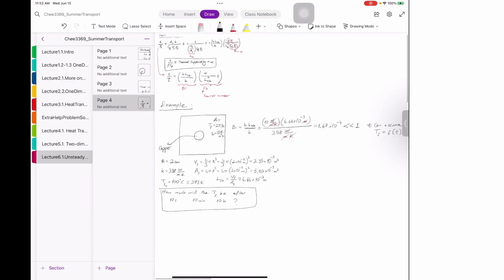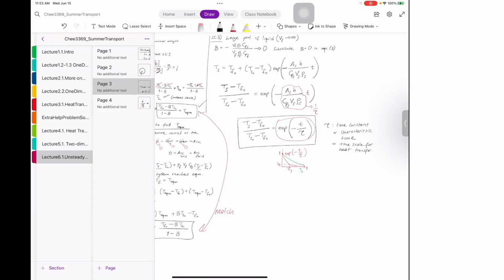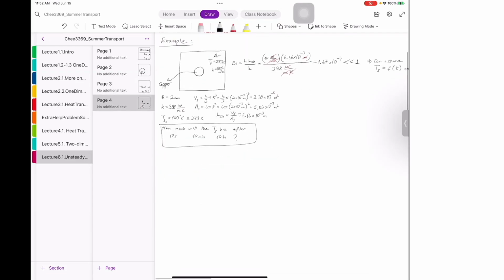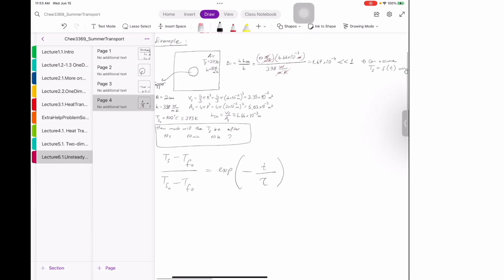Now we can actually use the formula that we derived, that Ts minus Tf0, for a large amount of air surrounding, Ts minus Tf0 divided by Ts0 minus Tf0 is equal to exponential minus t over tau, right?